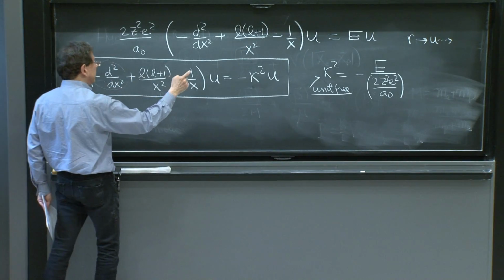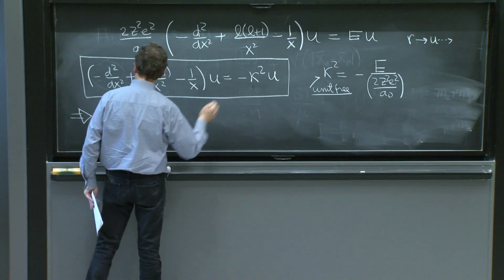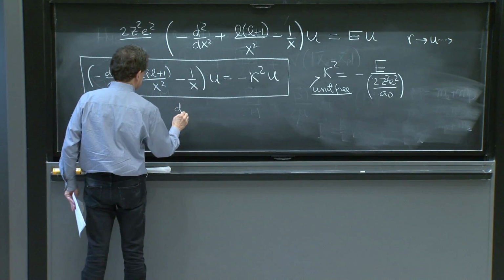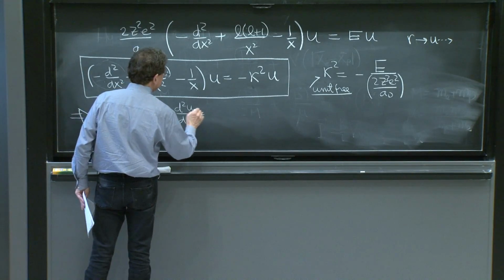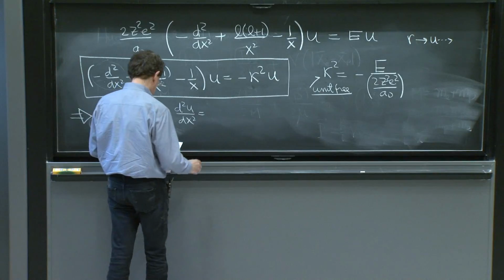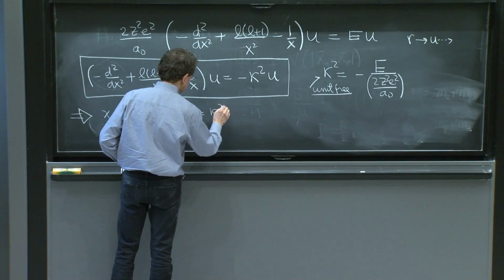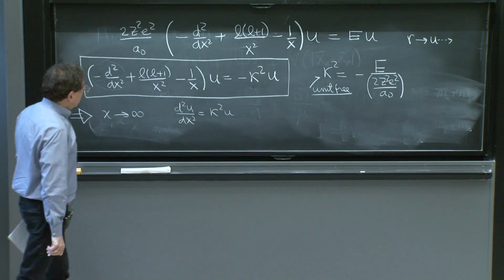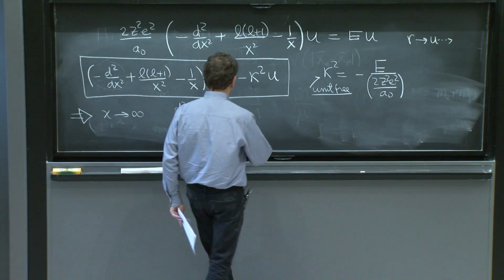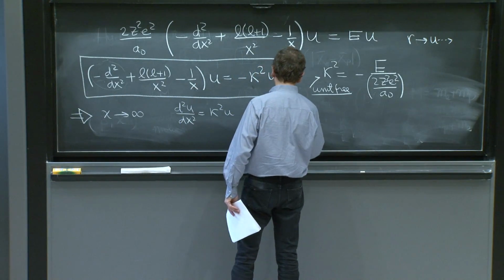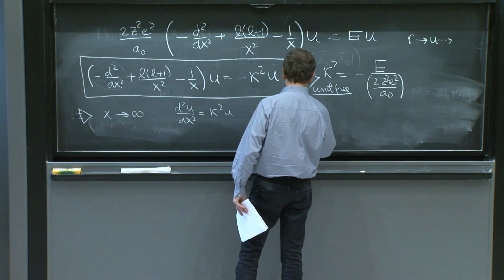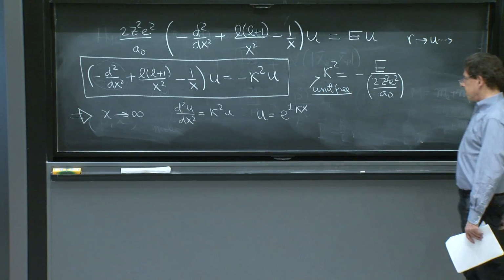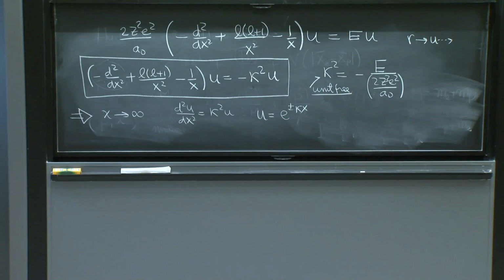As x goes to infinity, throw this, and keep that. So you would have the second derivative of u with respect to x squared is equal to kappa squared. So this suggests that u goes like e to the plus minus kappa x. So exponential behavior, e to the plus minus kappa x.